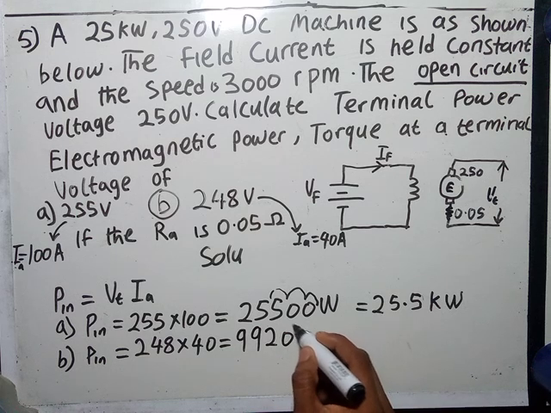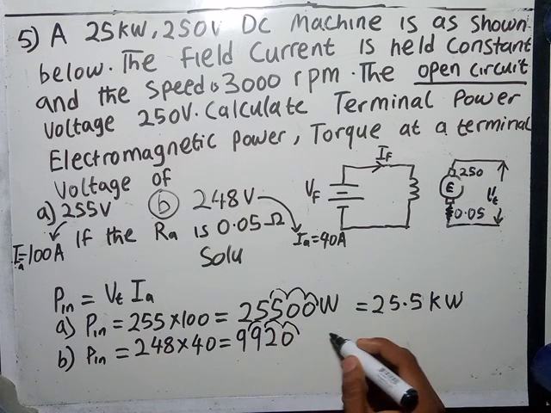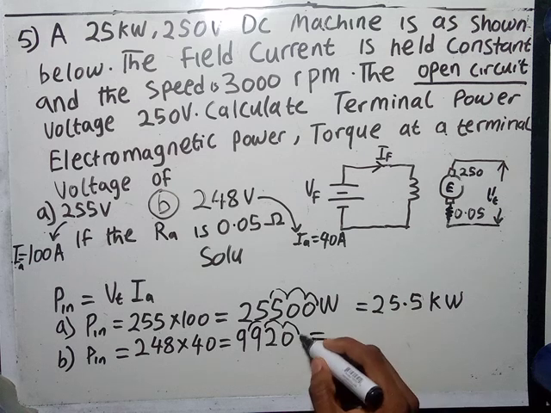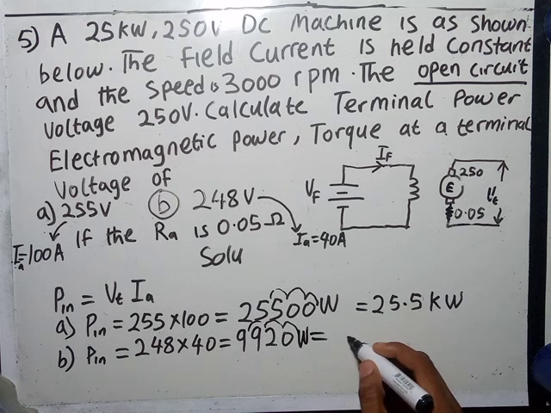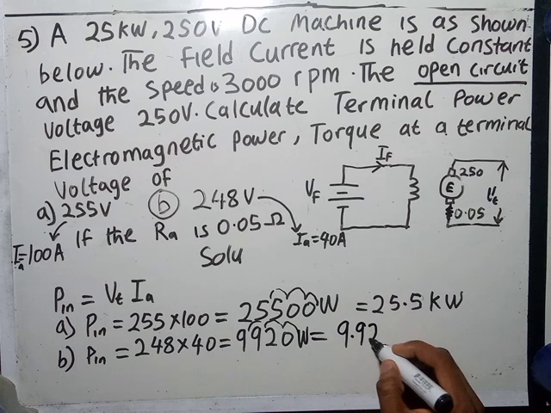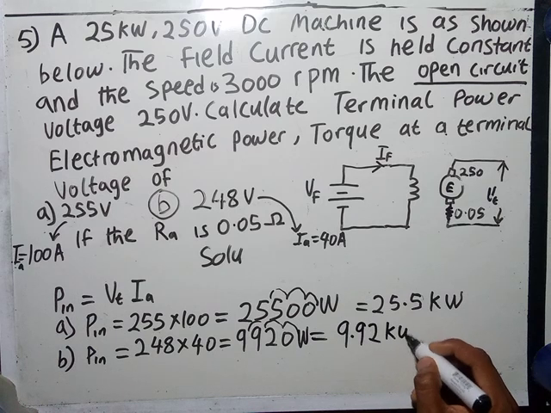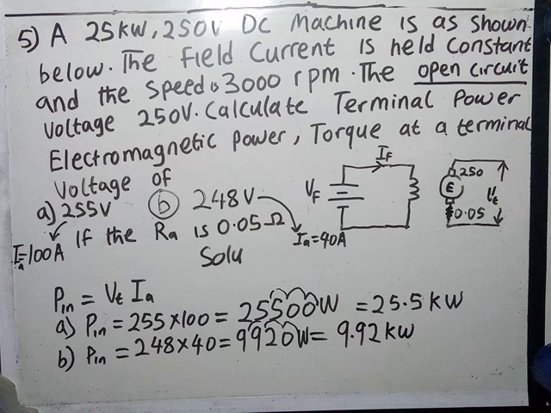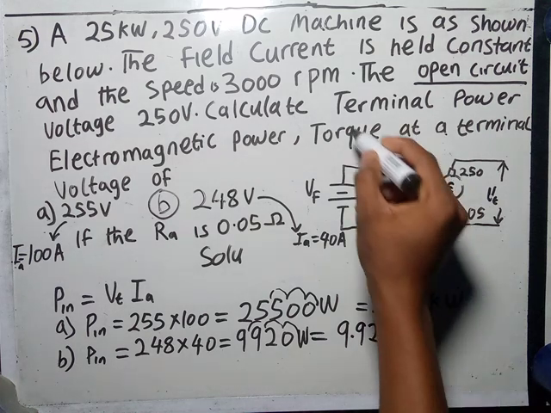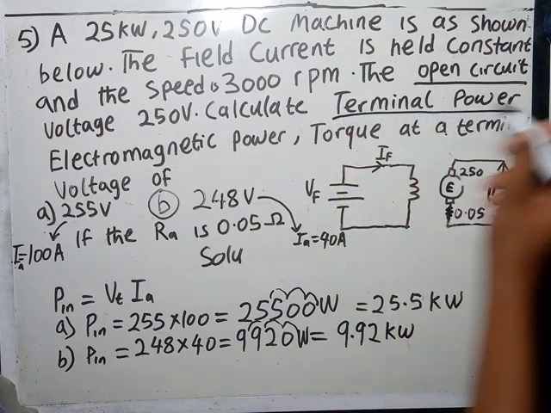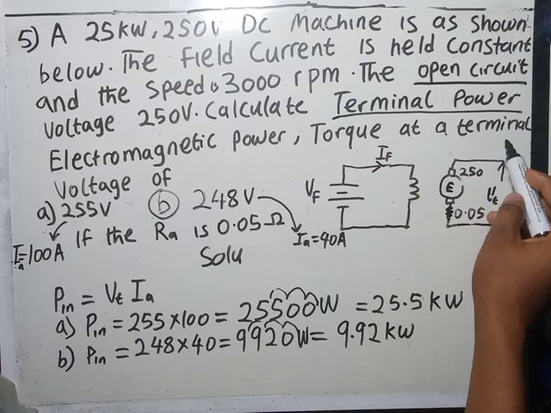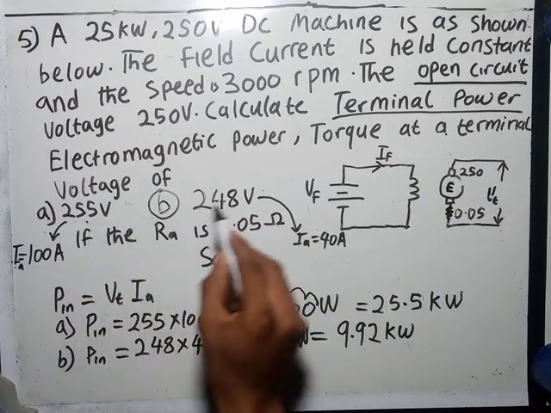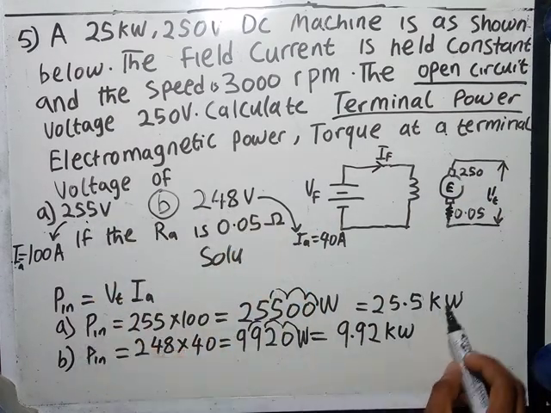Converting this, we have 1, 2, 3, which is 9.92 kilowatts. So we just found the terminal power for both terminal voltages. This is what we have gotten as our answer.